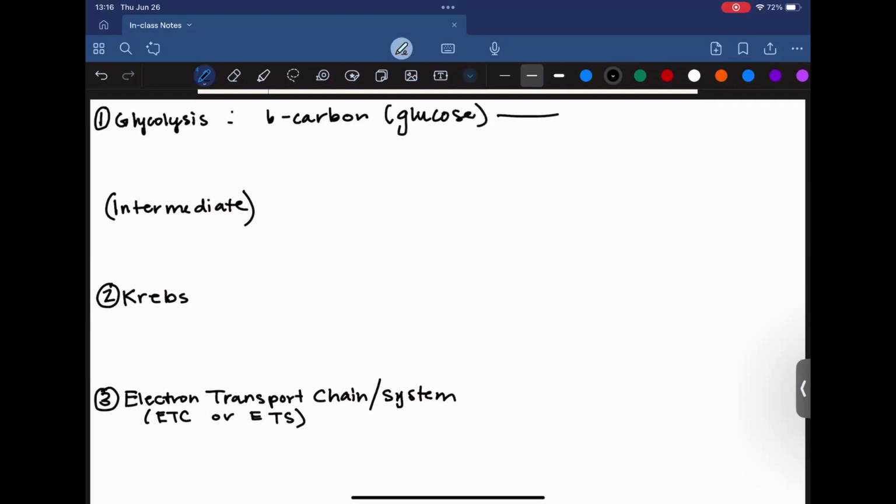And we're going to be breaking down glucose, 1 6-carbon sugar, into 2 3-carbon pyruvate, or pyruvic acid, depending on how you're looking at it in biochemistry. I will not make any distinction between pyruvate or pyruvic acid. Same thing in my book. Okay. So we are breaking down a 6-carbon glucose into 2 3-carbon pyruvates.